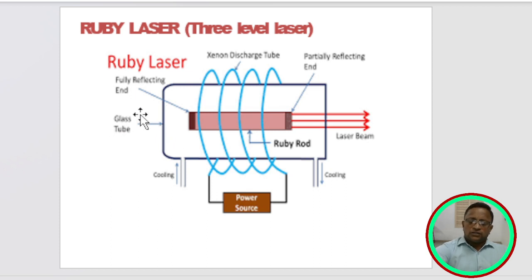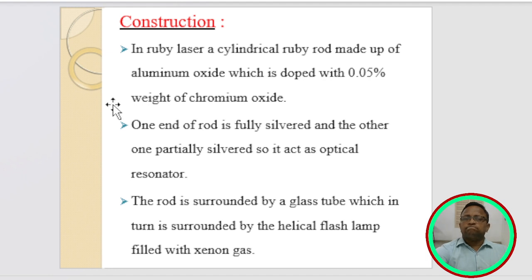This aluminium oxide is doped with 0.05% by weight of chromium oxide, Cr2O3. Then, based on the concentration of the chromium oxide, the color may be pink, or the color of the laser may be red.